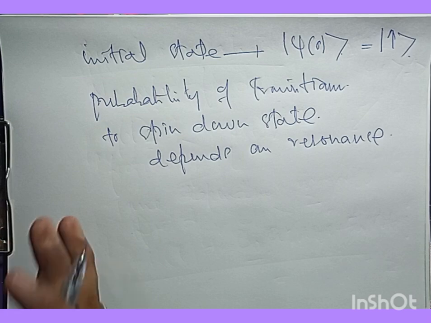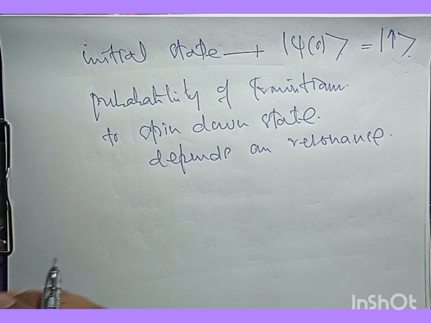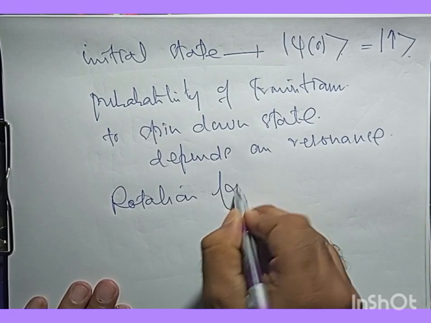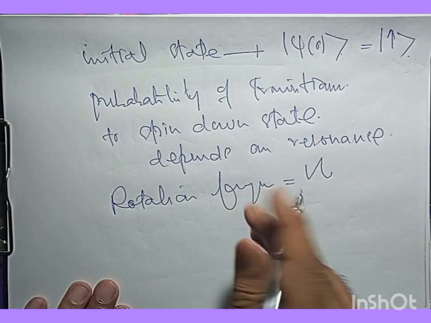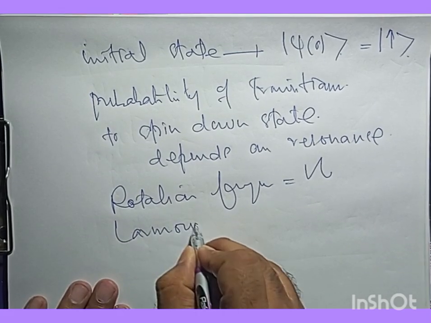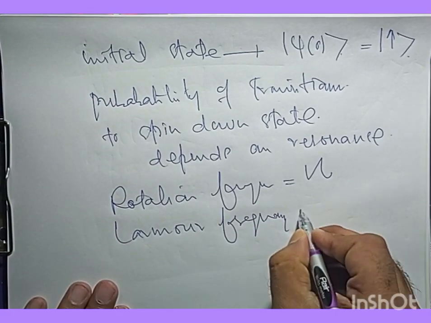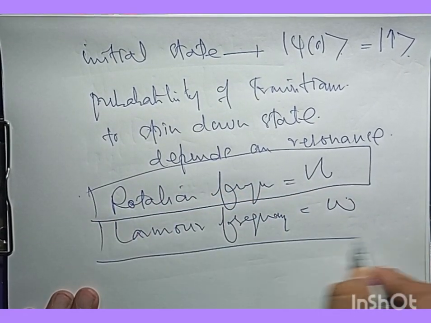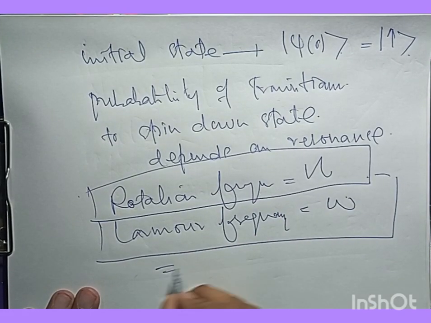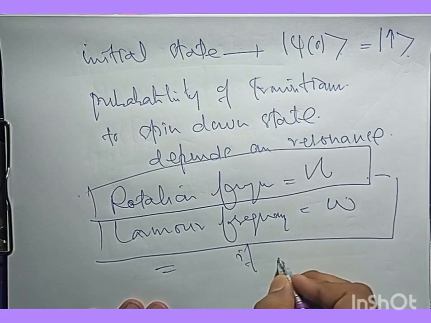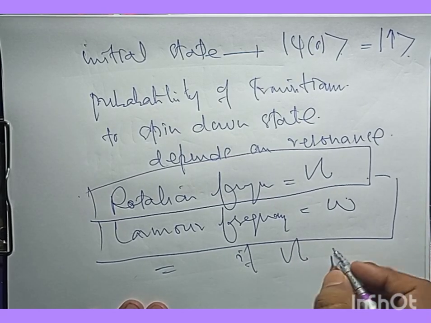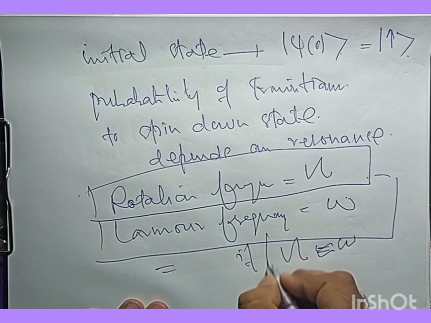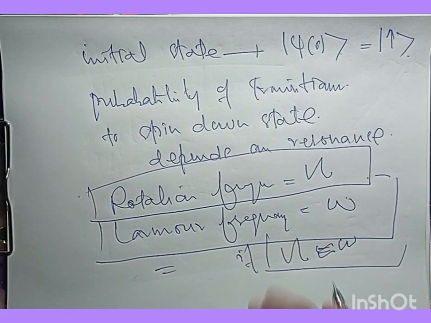There's a condition that we call the resonance condition between the rotation frequency, and the Larmor frequency. So what's my rotation frequency? Rotation frequency, that's gamma, and the Larmor frequency, that is omega. Now, the point is that if this rotational frequency gamma is nearly equal to the Larmor frequency, there's a high probability of flipping the spin.